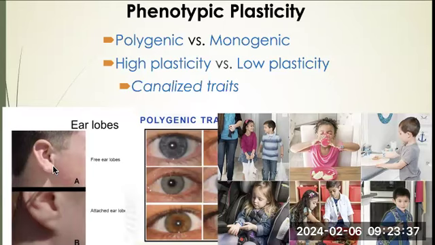Reaction range is your potential as a person. For example, if both of your parents are 6 feet tall, the reaction range for the children they have is going to be on the higher end of the scale, right? So maybe the children will have the potential to be anywhere from 5'9" to 6'4". That's the reaction range.